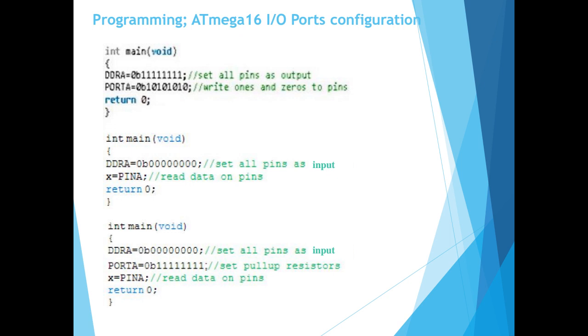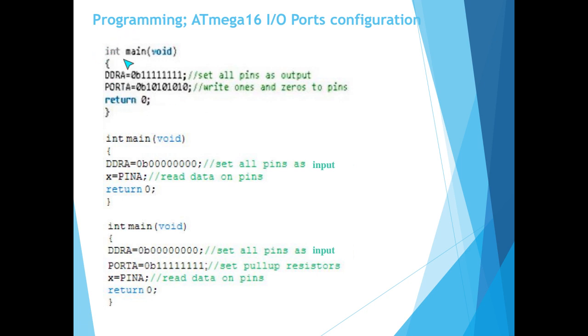There are some examples, parts of the code that I chose and placed here to give information about each of these registers. For example, suppose that this is our main function, with the code inside the curly braces.